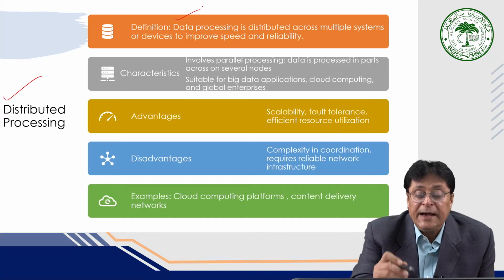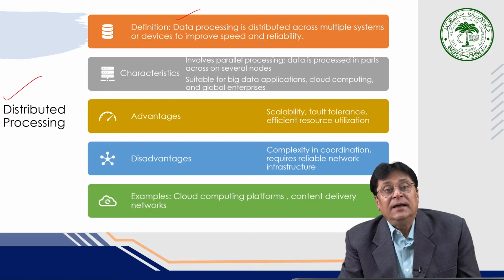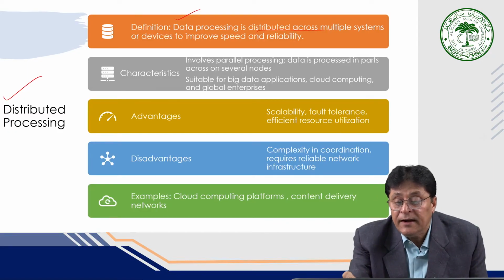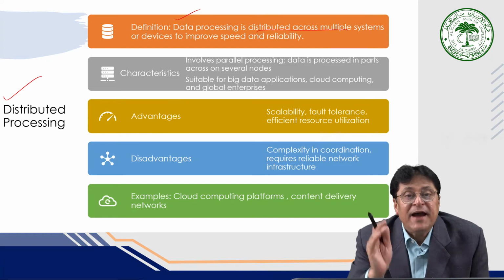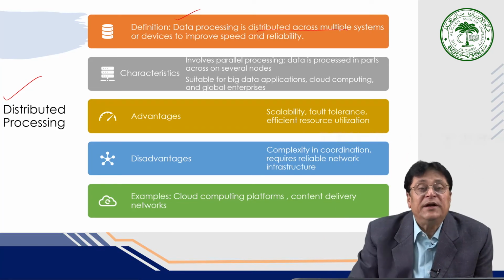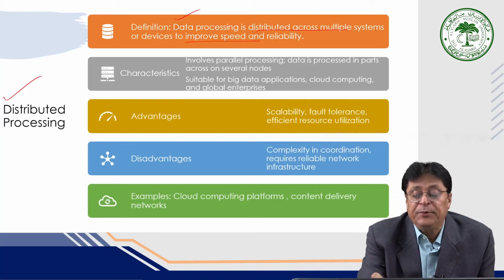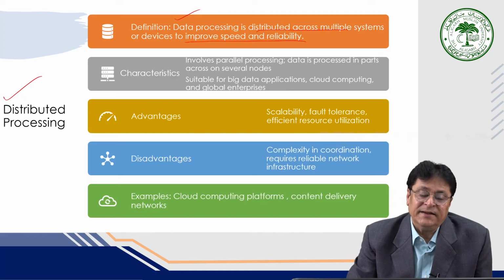So, in data processing in a distributed environment, data is distributed across multiple systems or devices which are spread all over and connected, and thereby it improves the speed as well as reliability.